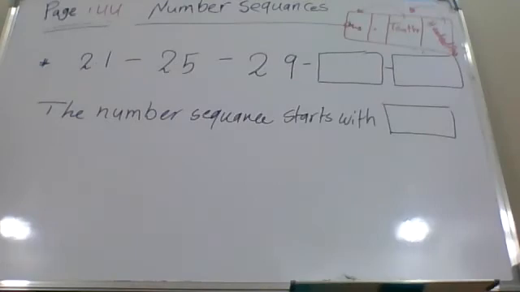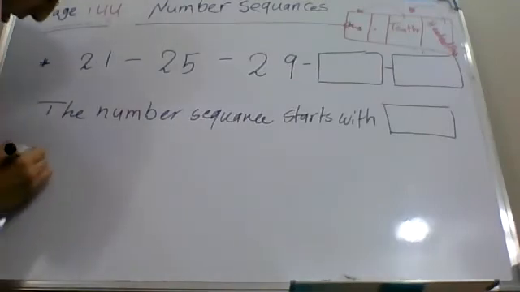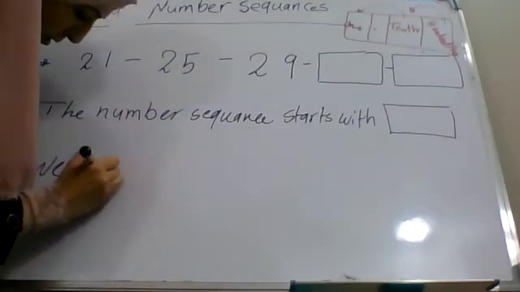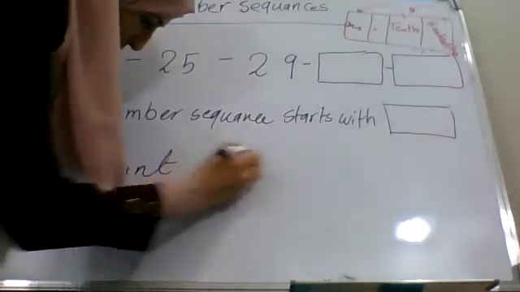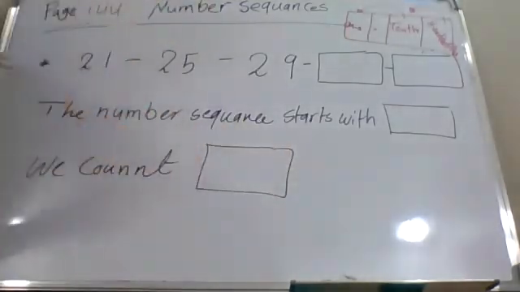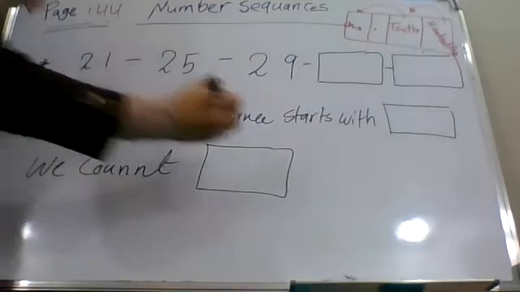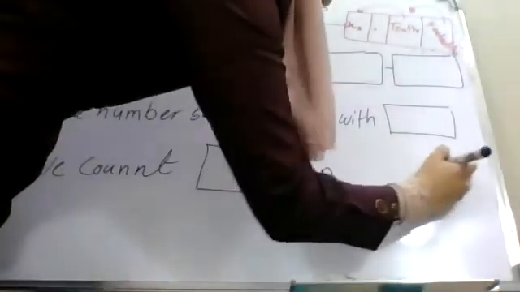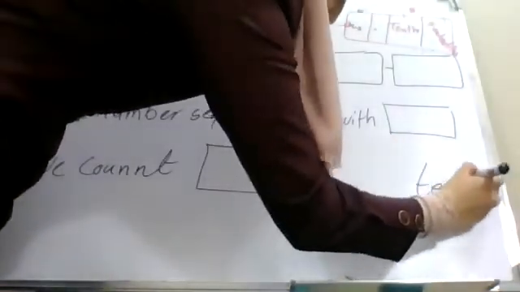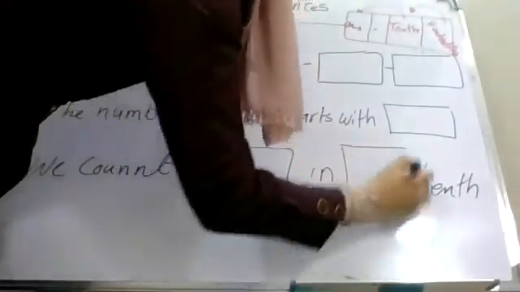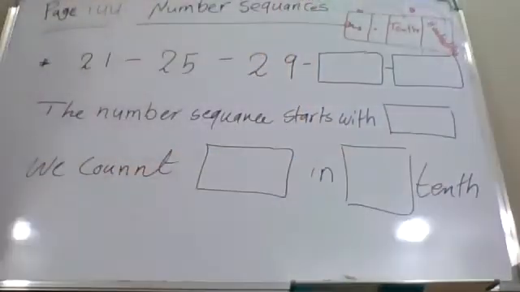And to find the next number, we count what? We count in the 10th place. So they just help you with the place that we're changing.